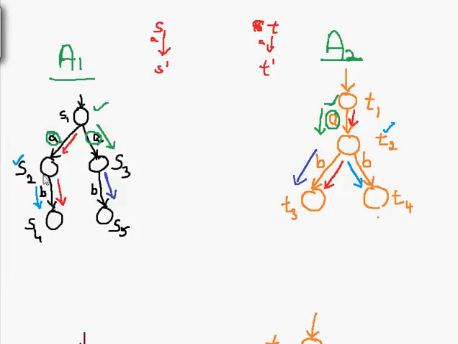After making a transition, I came to S3 here, and in this one I made a transition and came to T2. So I should check from T2. Can I say S3 and T2 have a bisimulation relation? No. I should check the outgoing transitions from T2 again. T2 makes a B transition to T4. I can use this again, as S3 makes a B transition to S5.